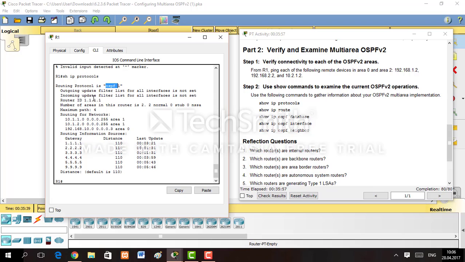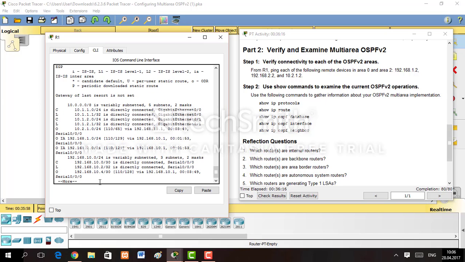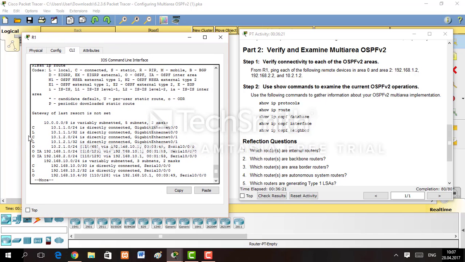In this router, ID is 1.1.1.1, and this is directly connected networks. Show IP route. Here we have all the routes in our router table, and these are routes which came with OSPF.